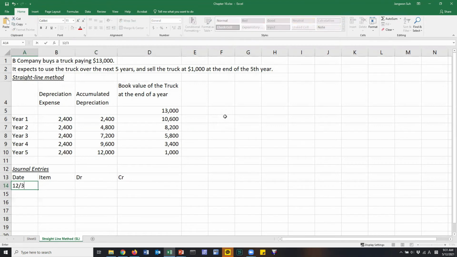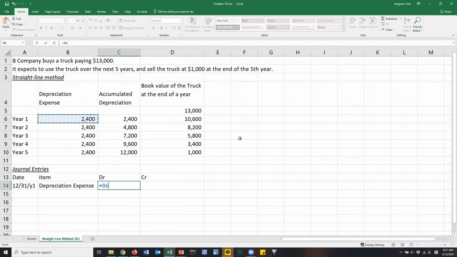In year 1, the item depreciation expense, how much is it?